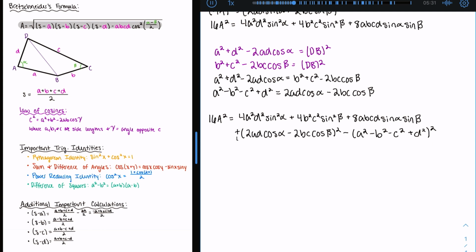Okay, so now I'm going to FOIL out this piece.